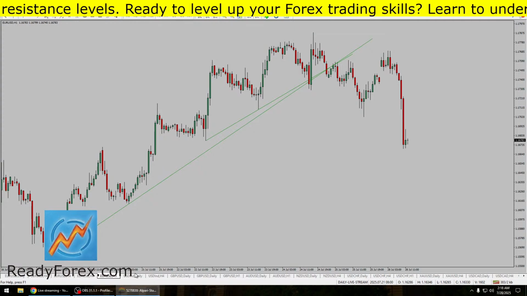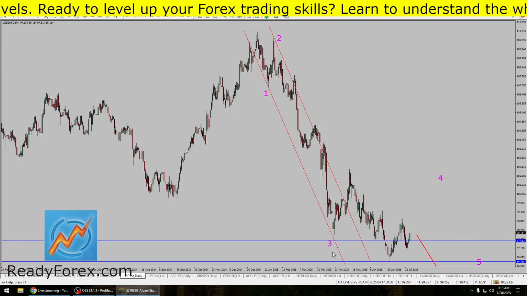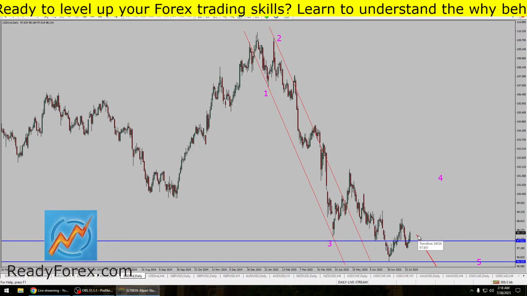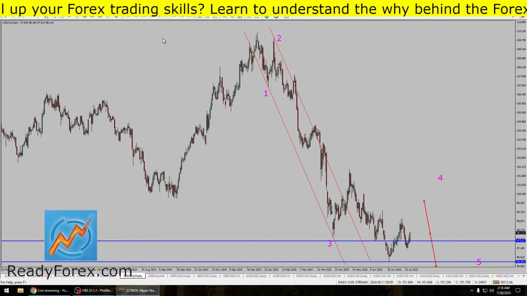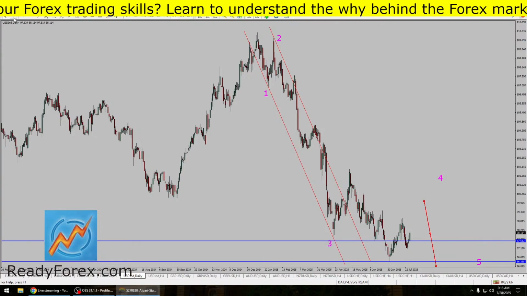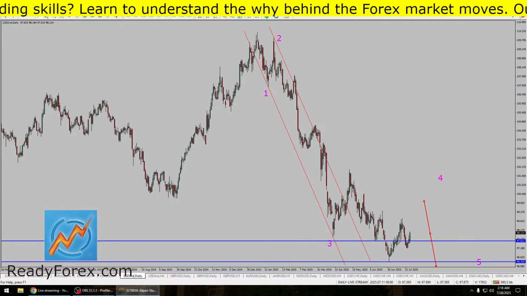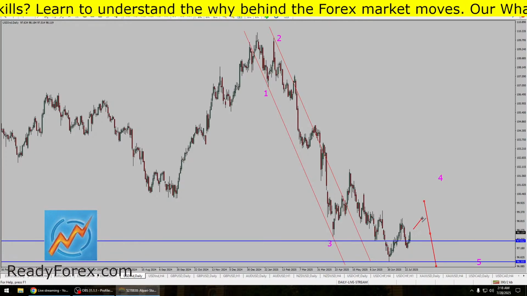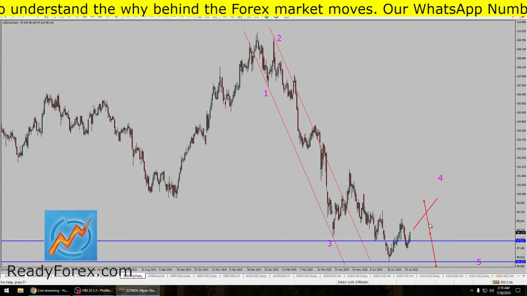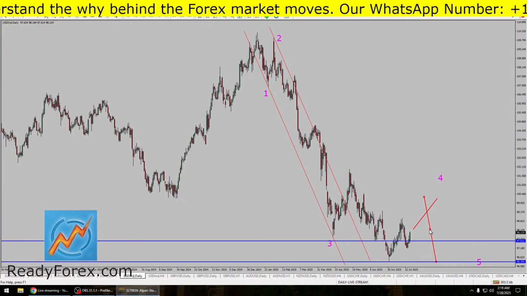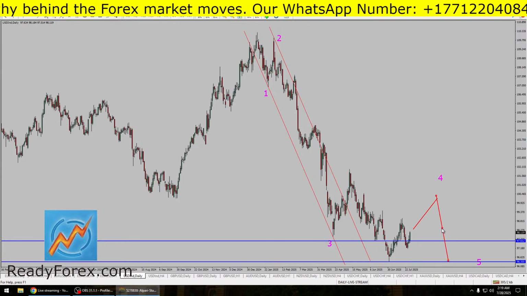Now let me show you the US dollar index. The way I see US dollar index, market is most likely going to rise up before we get a top and a drop in price action. So if that's going to happen, then obviously expect a bearish decline inside euro USD currency pair.